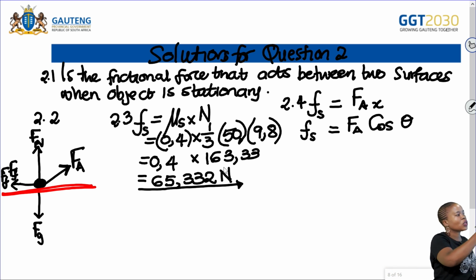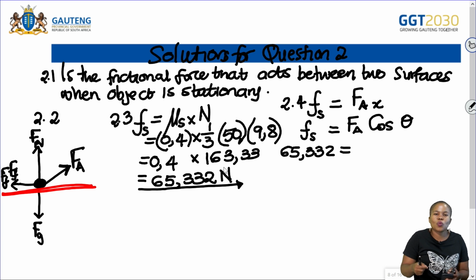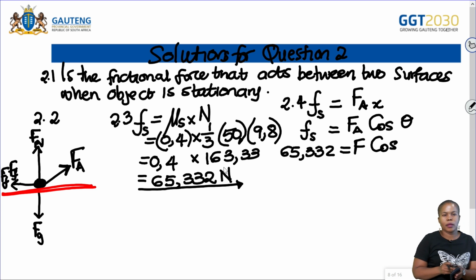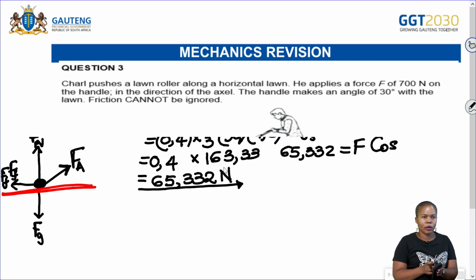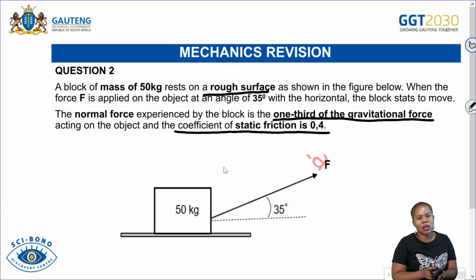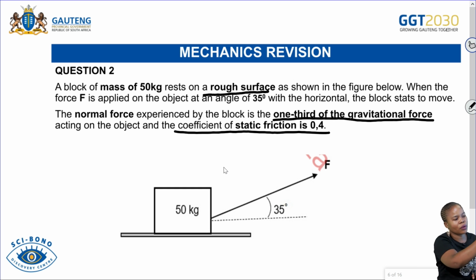Your static frictional force is given as 65,332, is equal to, Fa is what I'm looking for, the minimum force required for it to start moving. So it will be F, then cos. Let's go back a little bit so that we get the angle it was acting on. It was cos of 35 to the horizontal.